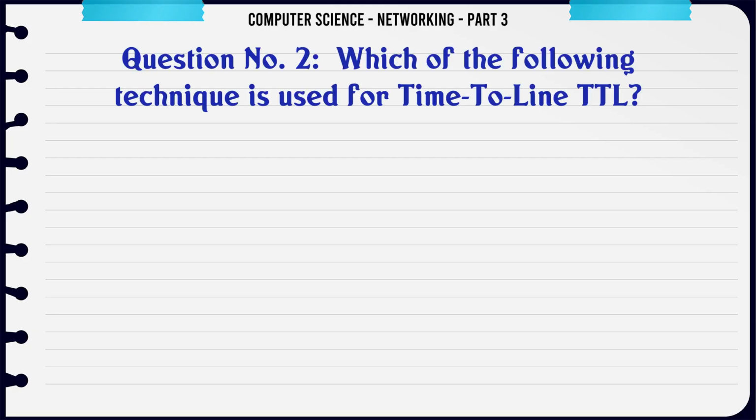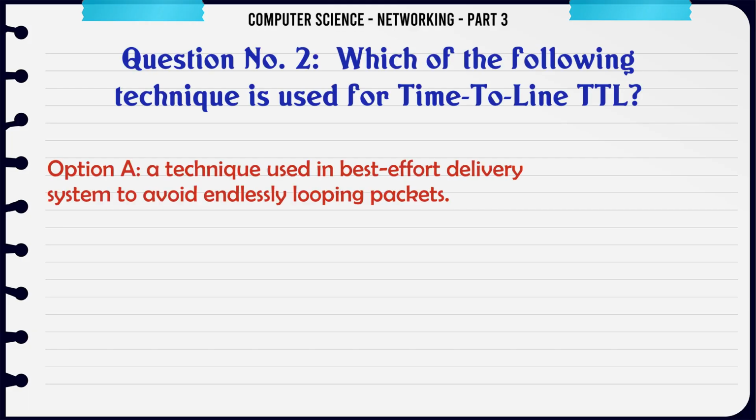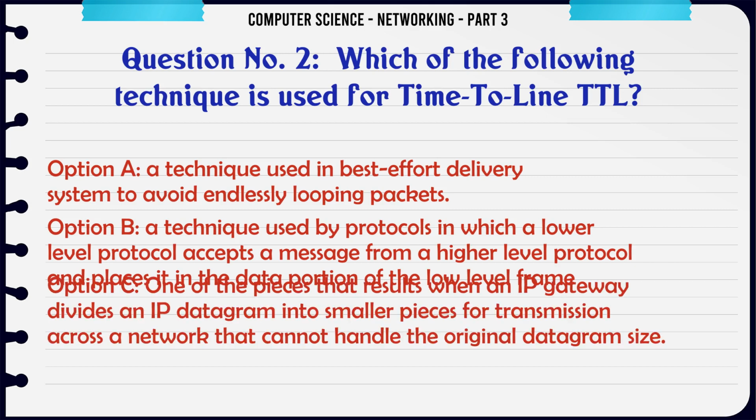Which of the following technique is used for time-to-live TTL? A. A technique used in best effort delivery system to avoid endlessly looping packets. B. A technique used by protocols in which a lower-level protocol accepts a message from a higher-level protocol and places it in the data portion of the low-level frame.